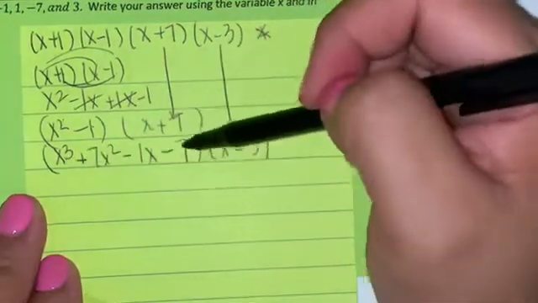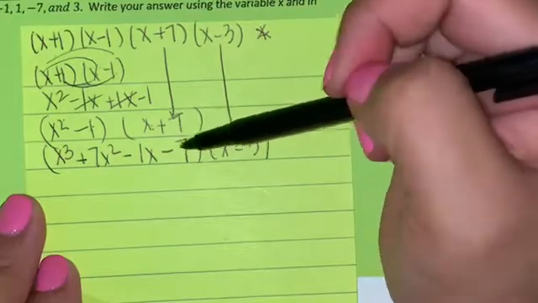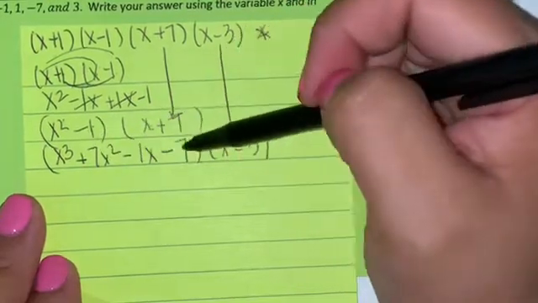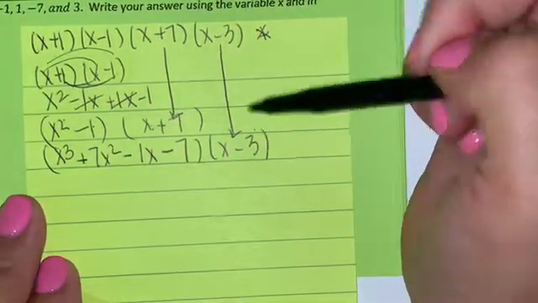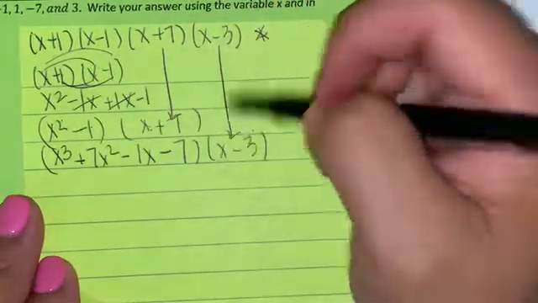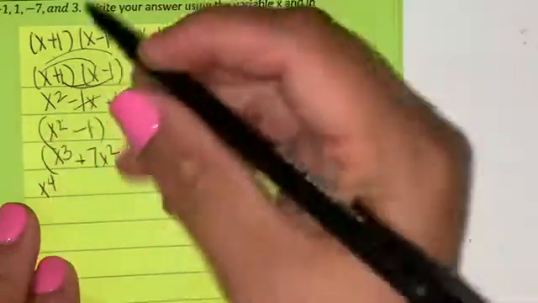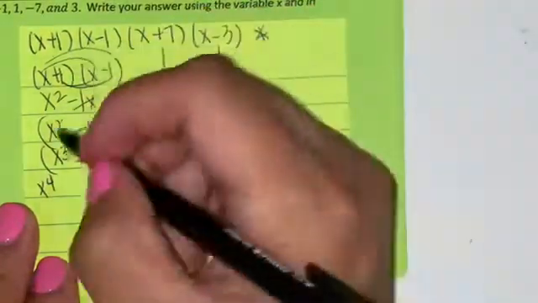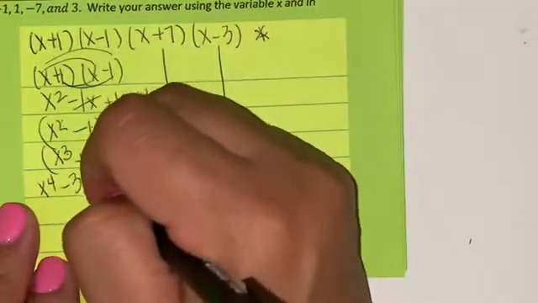Then there's nothing to collect. There's no collecting like terms, so it all just goes together. And we bring down this last term. So you're going to say x to the third times x is x to the fourth. X to the third times negative 3 is negative 3x to the third.